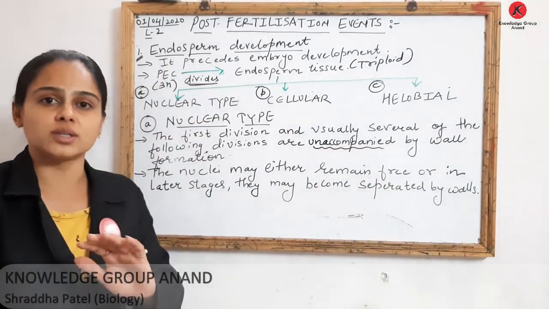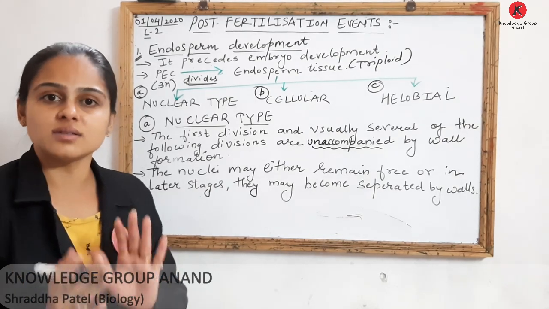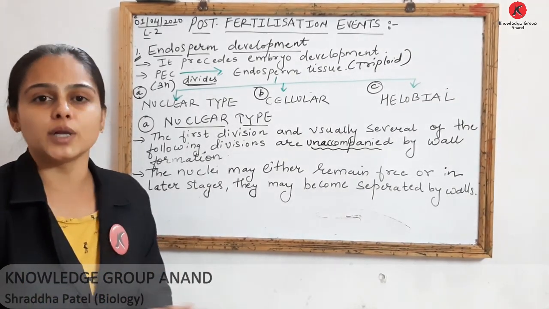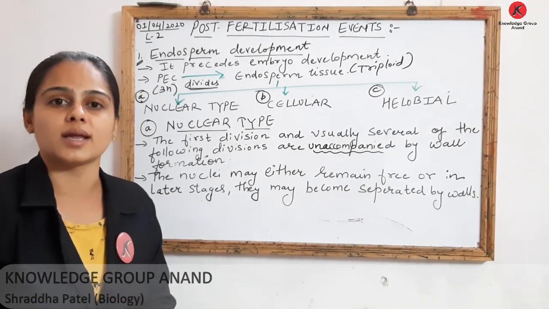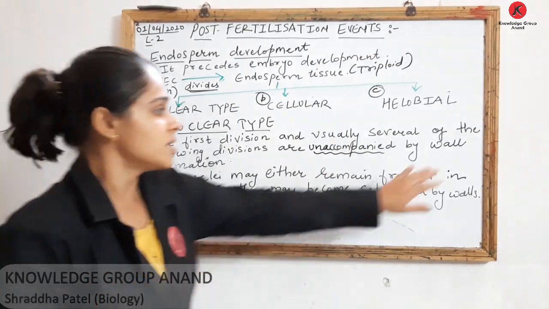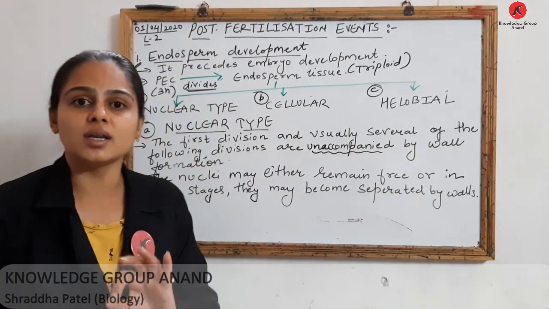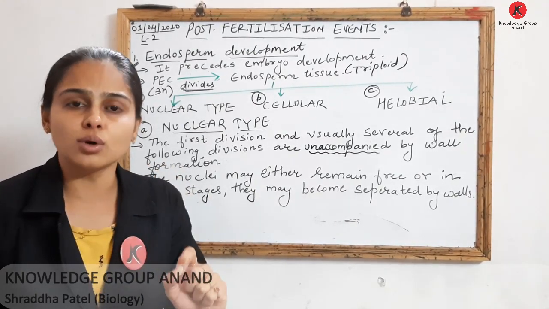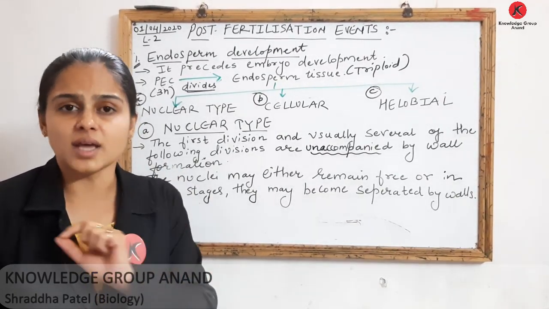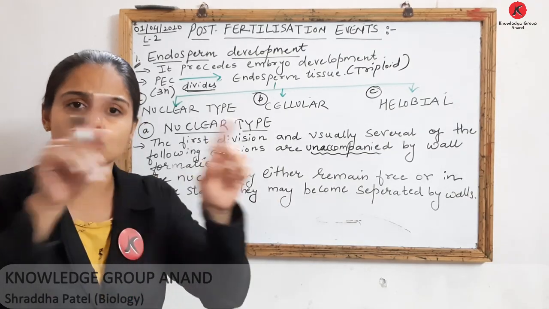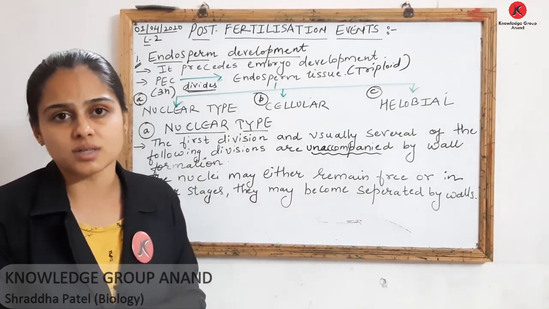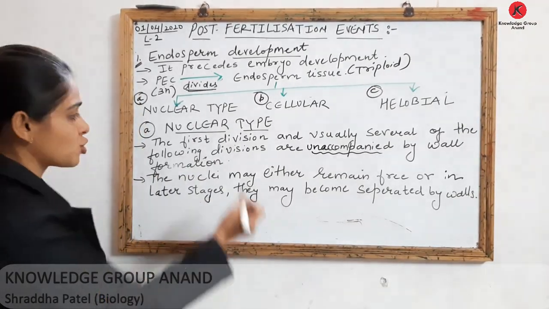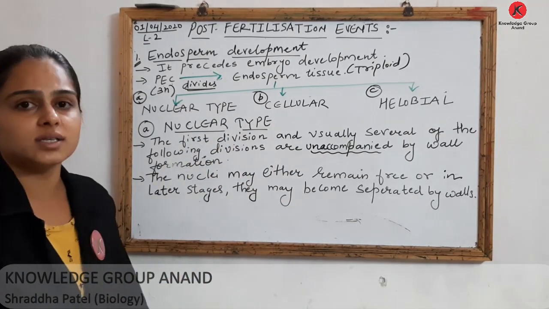What does this mean? Karyokinesis occurs but there will be no cytokinesis, because of which cell wall deposition does not happen. In the sense, only and only the nucleus divides, there will be no deposition of cytoplasm. Because of this it is called nuclear type.